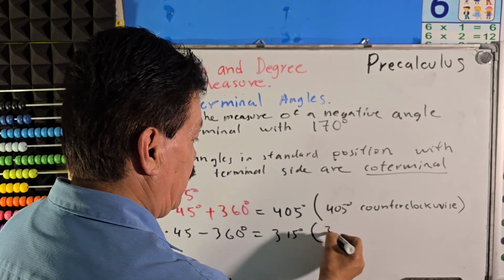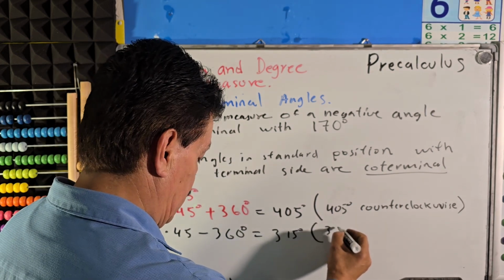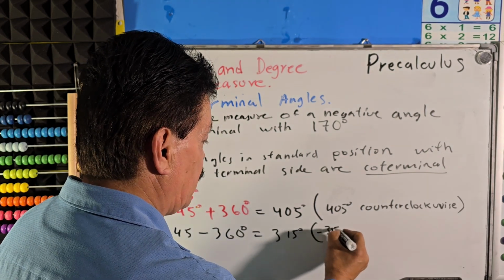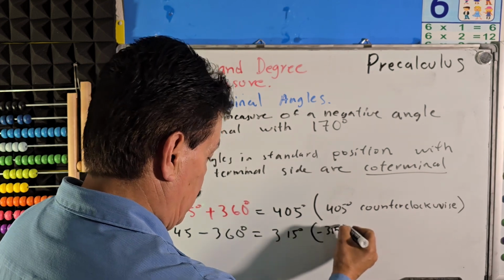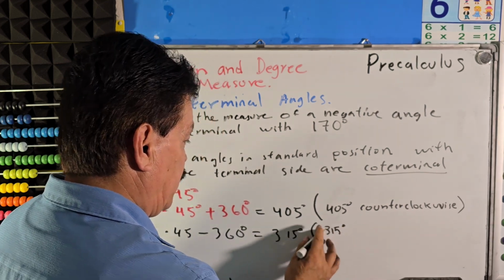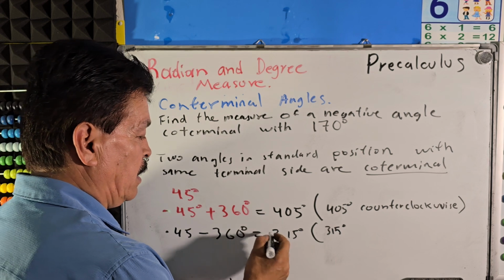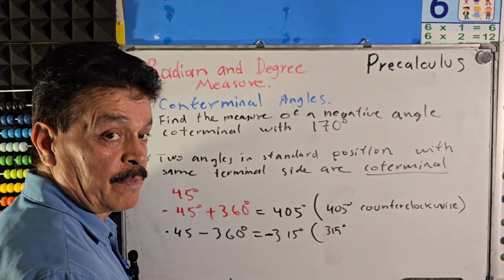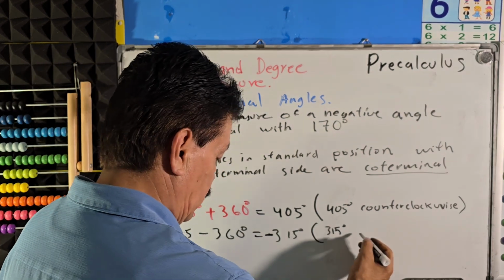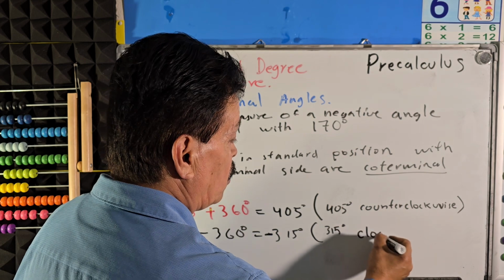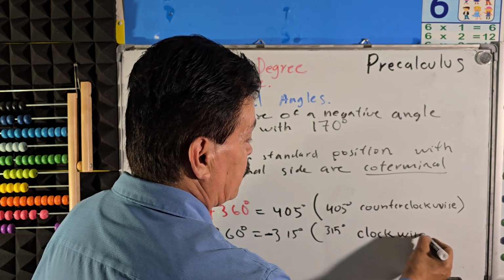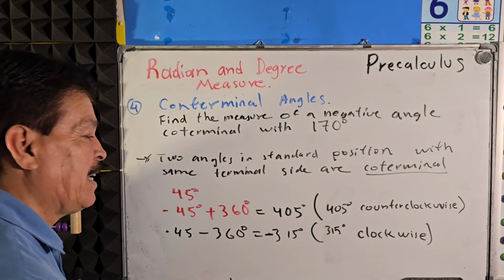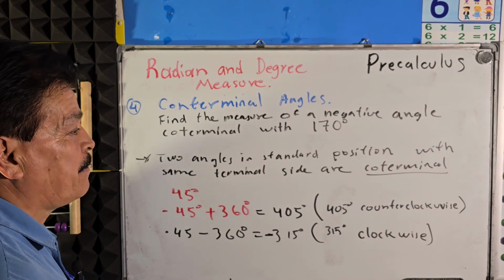So here is 405 degrees and negative 315 degrees. This is negative right here, but this is called clockwise, because this is negative, all right?